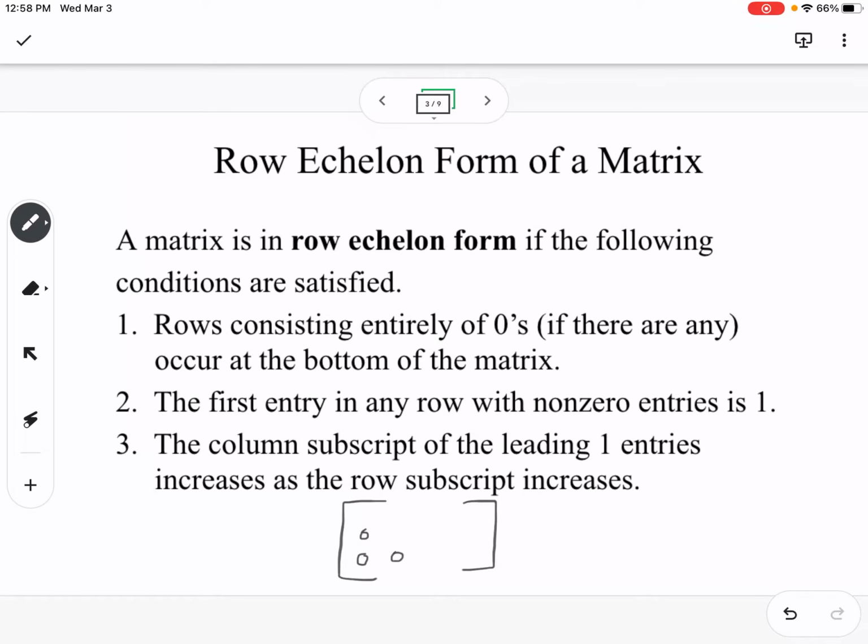You could have some numbers here. So this would be row echelon form. You can see that the first entry in any row with non-zero entries is a 1, and we have zeros leading up to the 1s. So it forms the diagonal there.